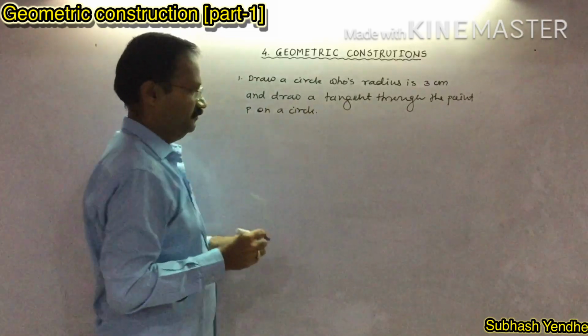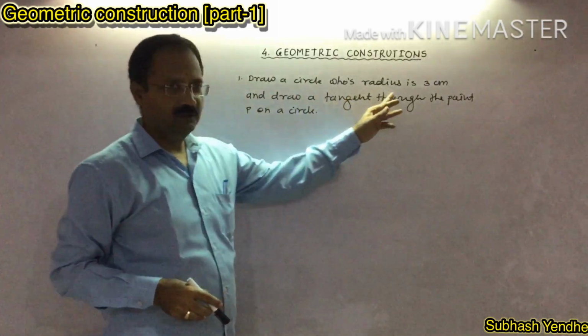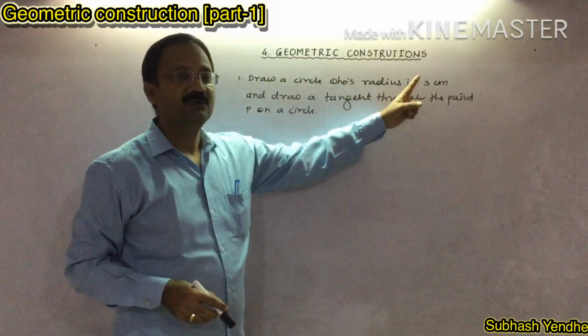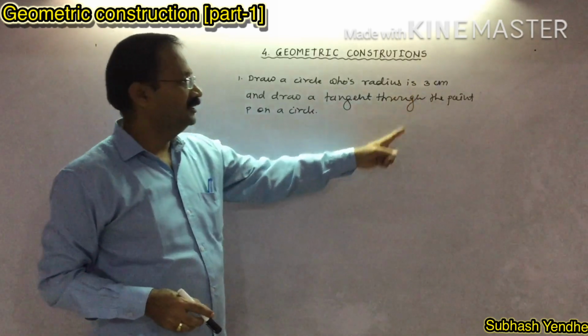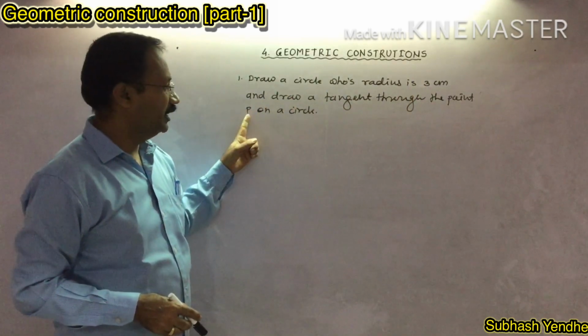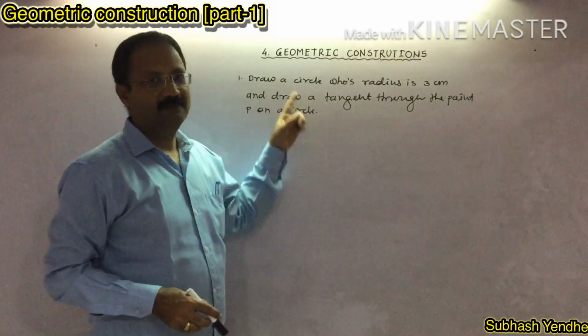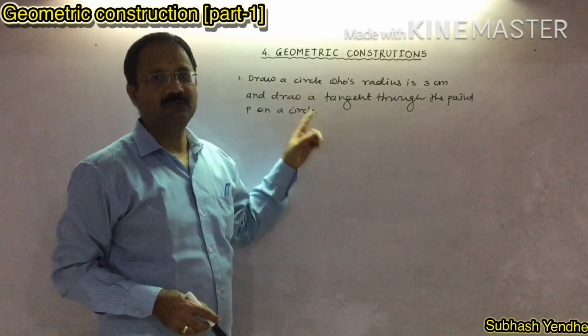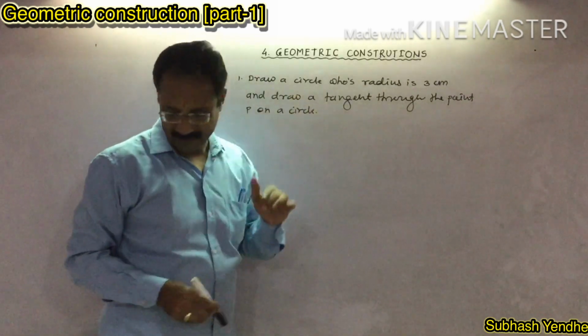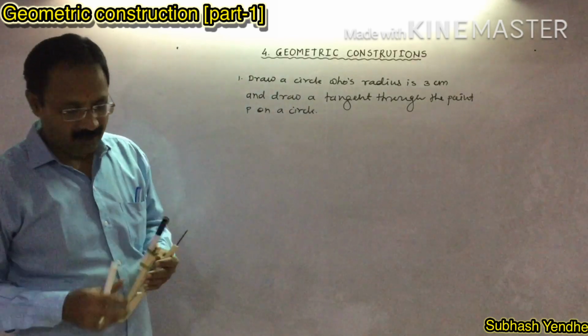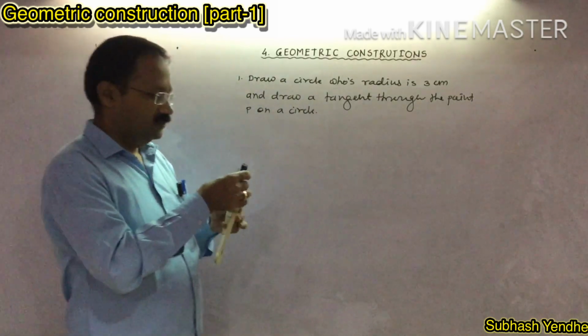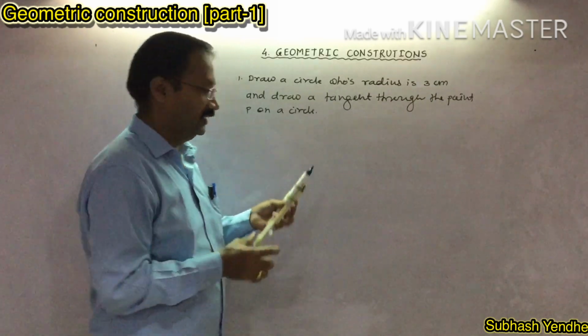This is the first one. It means you have to draw a circle whose radius is 3 centimeter. Then you have to take a point P on the circle, and from P you have to draw a tangent. So let's draw the circle whose radius is 3 centimeter.